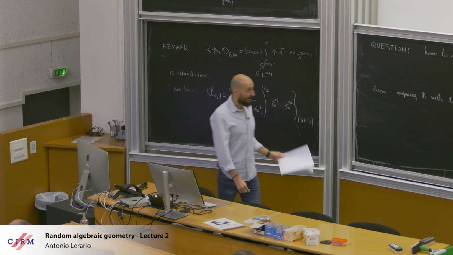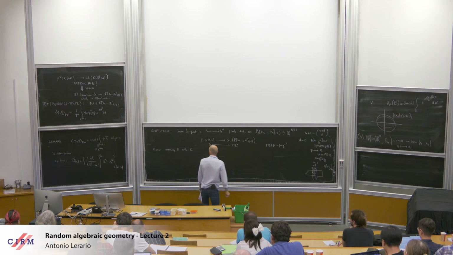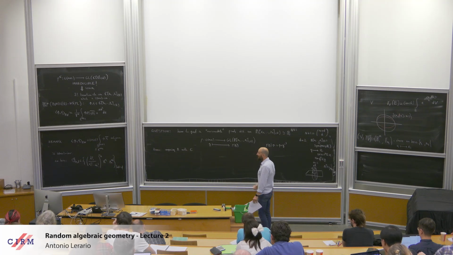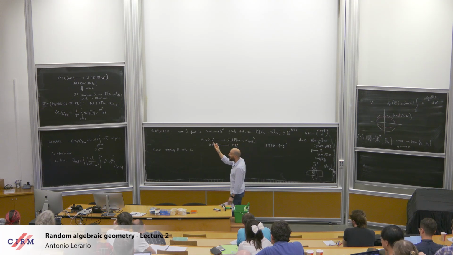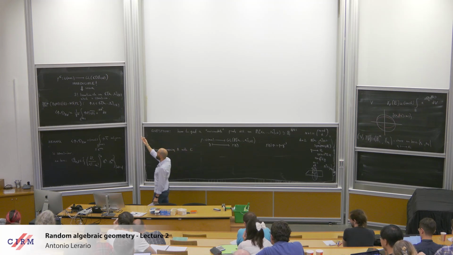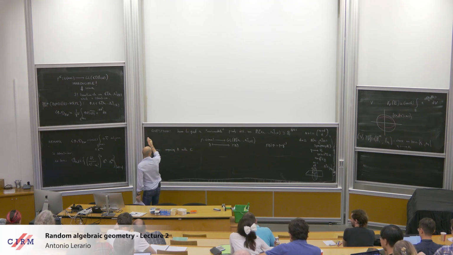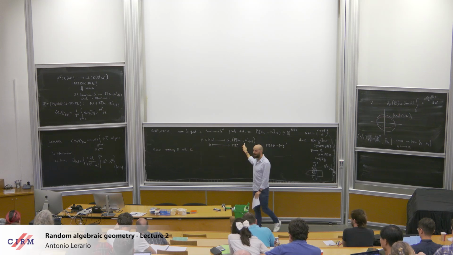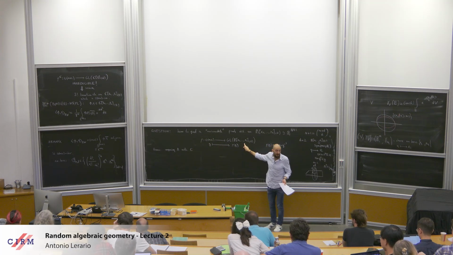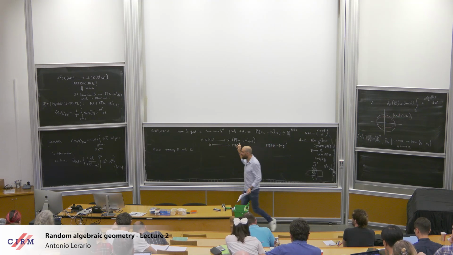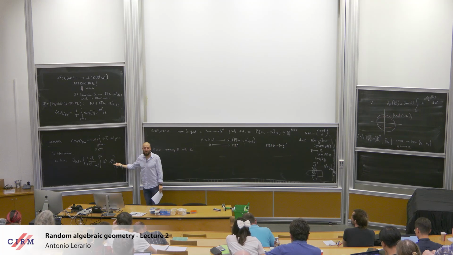Look at this basis. It's a real basis. So you can now take the real part of the Hermitian structure and restrict it to the space of real polynomials. You will get a scalar product on the space of real polynomials, for which this basis is an orthonormal basis.